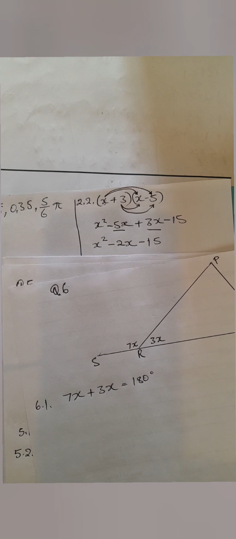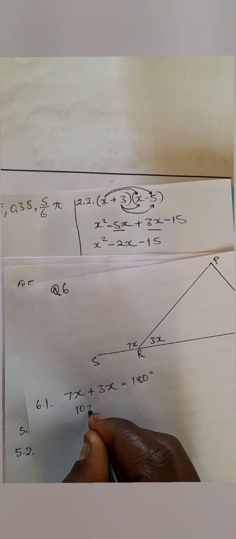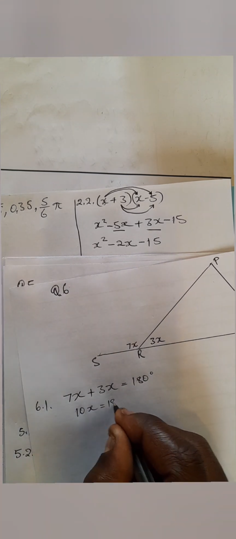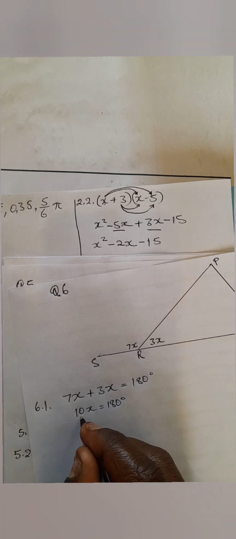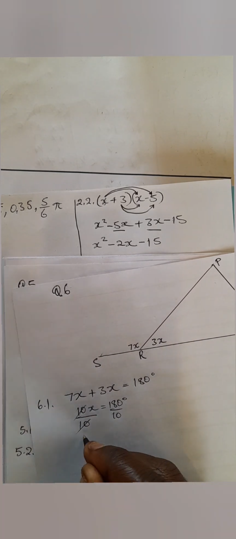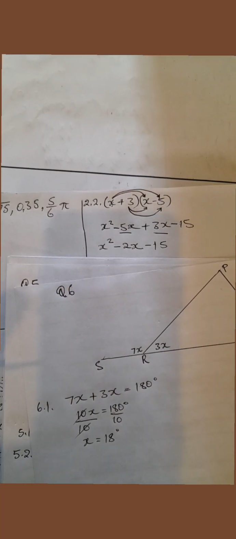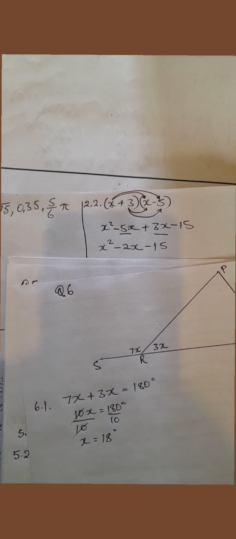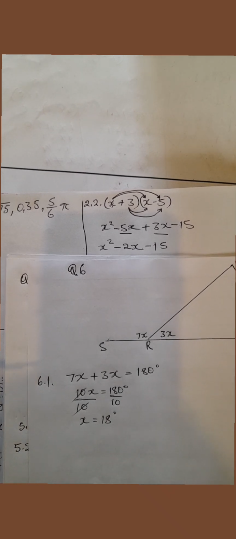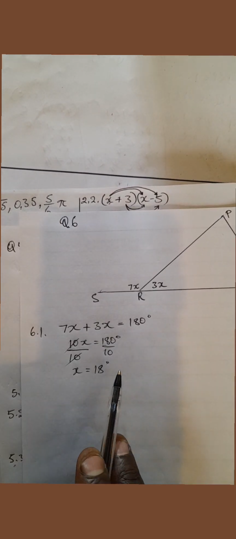We also know, according to this, 10x is 180 degrees. Divide both sides by 10. Your x equals 18. Sorry for that sudden cut, fellas. This is your x value, 18 degrees.